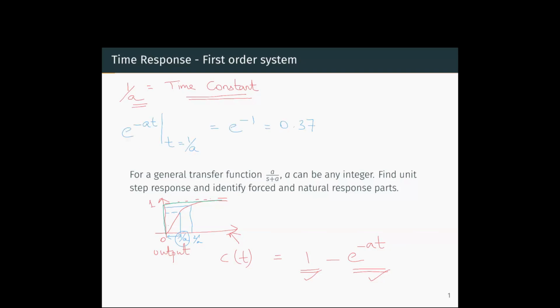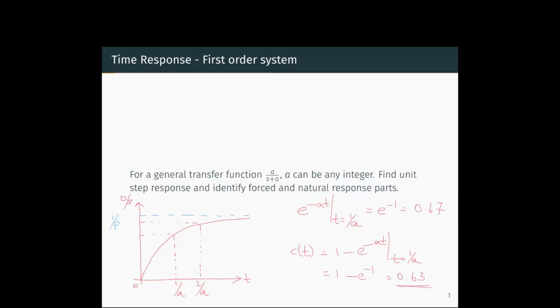In e raised to minus at, when you substitute t equal to 1 by a, you will get e raised to minus 1, that is nothing but 0.37. So the time constant is the time for e raised to minus at to decay to 37% of its initial value.